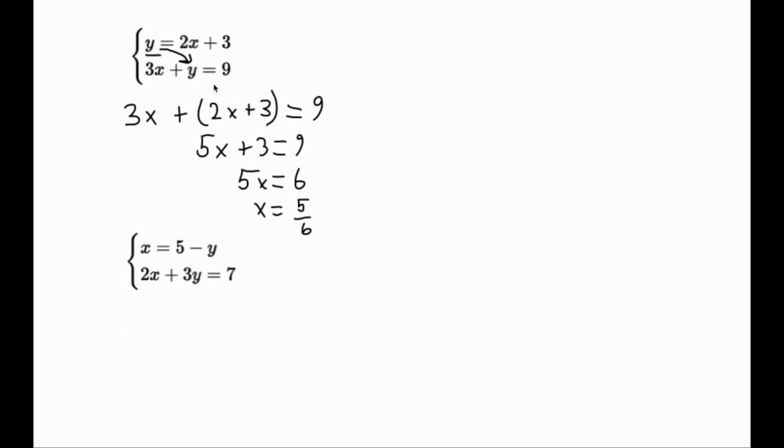But remember, it's a system of equations. There are two variables, so we now need to solve for y. We can plug this value of x back into either one of these equations.